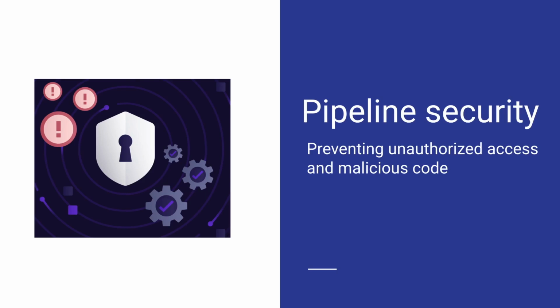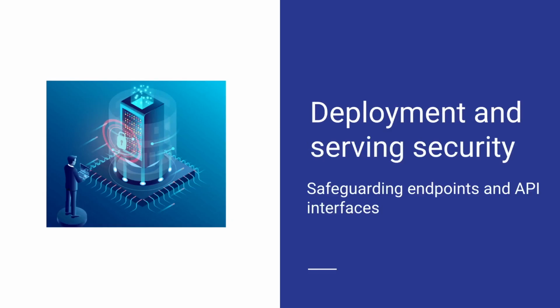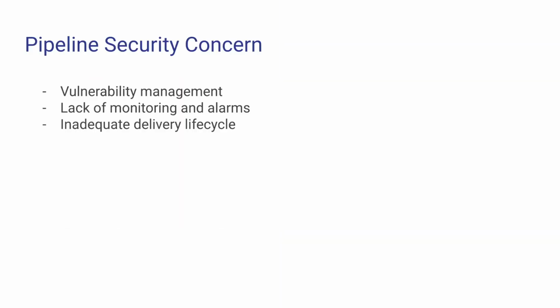Next, we talk about the pipeline security. Pipeline security looks at preventing unauthorized access and malicious code in our ML pipeline. For pipeline security, some of the vulnerability concerns include vulnerability management, lack of monitoring and alarms, and inadequate delivery lifecycle.